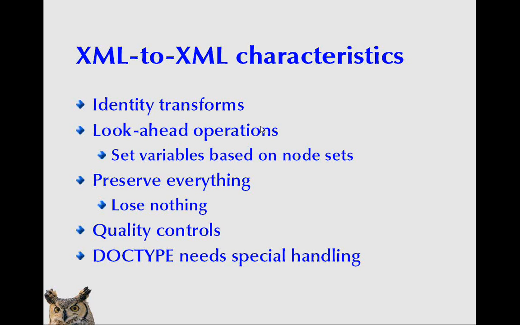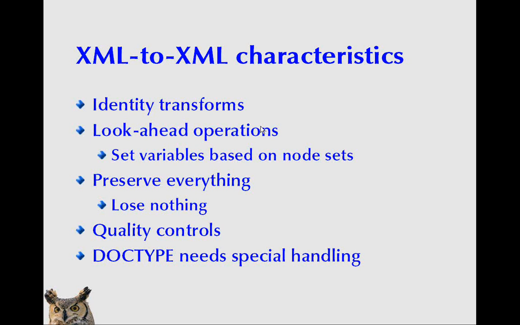Also, in XML to XML, what we do a lot is what we call a look-ahead operation. So we need to look at what's coming up. What are the children? What are the descendants? And what's in there, because, as I said, sometimes the content of the children is going to influence how you process your data. And as I've said before, you want to preserve everything, lose nothing.